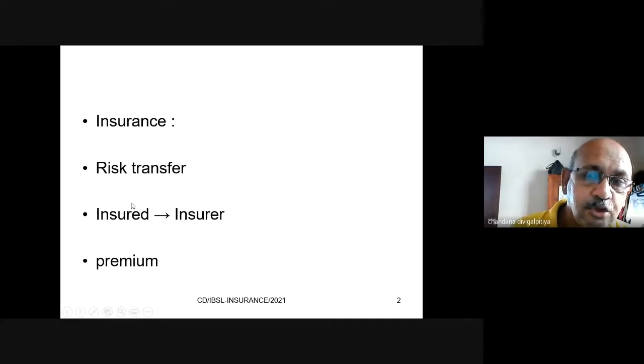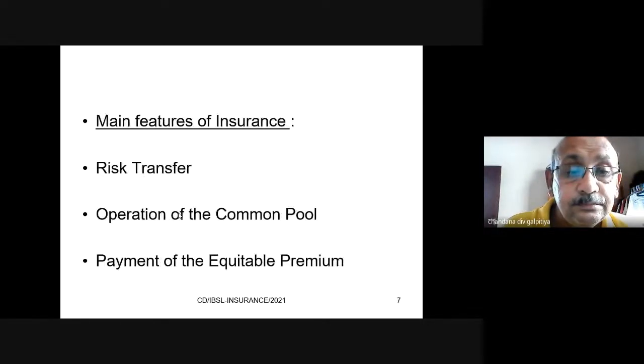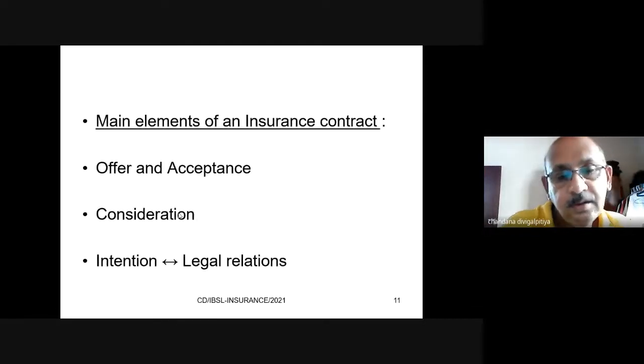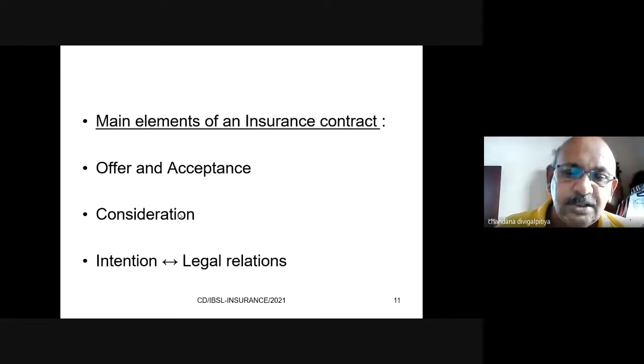The person buying insurance, the person who is selling insurance. So there should be offer and acceptance. I should offer buying insurance, he should accept it. Simple. Consideration means you have to pay something, put a dash here, premium.